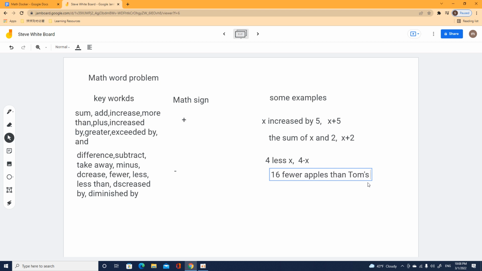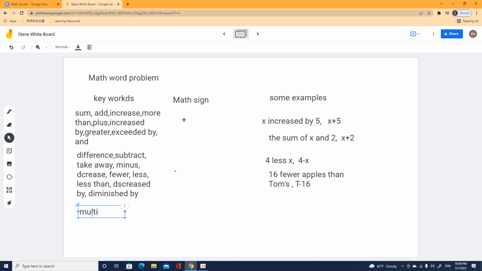We use T to stand for Tom's apples, so that means T minus 16. That is some examples about subtraction.